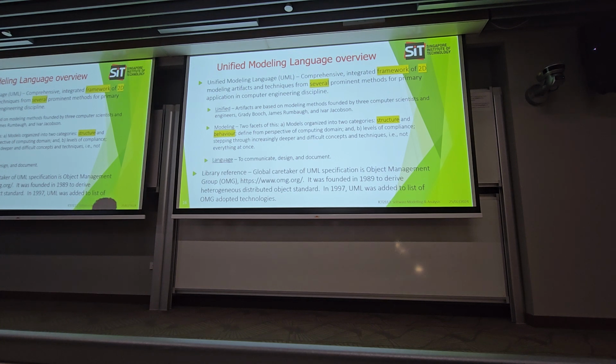But the big thing as far as where it comes from: prominent object-oriented modeling methods. Those methods existed at the time, in 1996, when this was born. The people that had these languages all were congregated into one company, Rational Software.